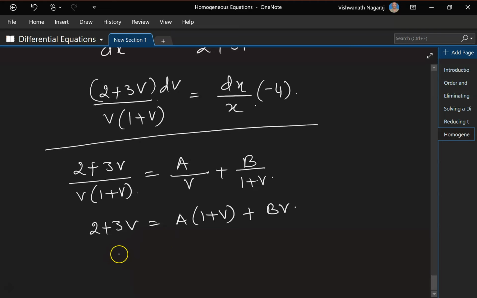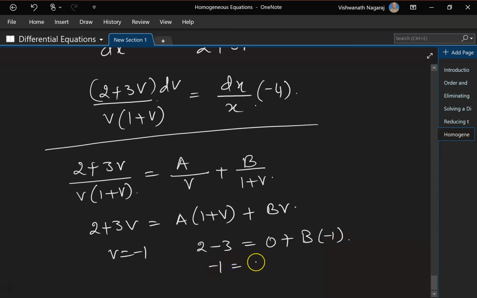Okay, so now let's say v is equal to minus 1. If we make it as minus 1, what we get is 2 minus 3 is equal to 0 plus b times minus 1.